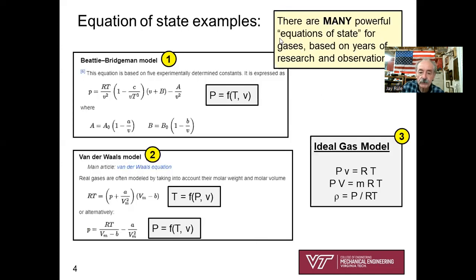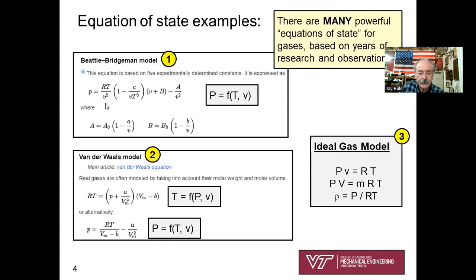Now, here's a little sampler, examples of equations of state. There are lots and lots of equations of state for gases based on years and years of scientific research and observation. Let's review just three of these. First is the Beattie-Bridgeman equation.